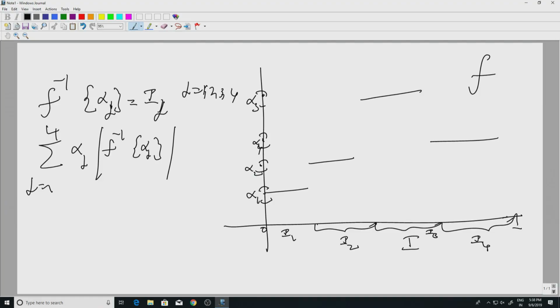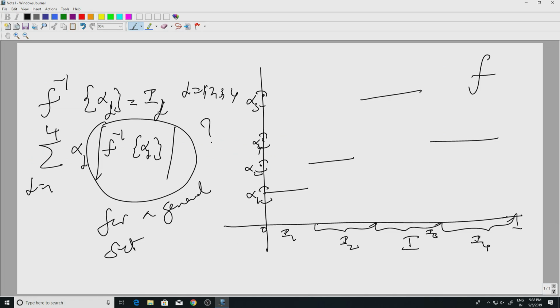So, one needs to understand what is meant by this for a general set, a subset of R. What is meant by the length of that set? Let us say the set is A, what is the length of A, or modulus of A, let us say. How do you define this?